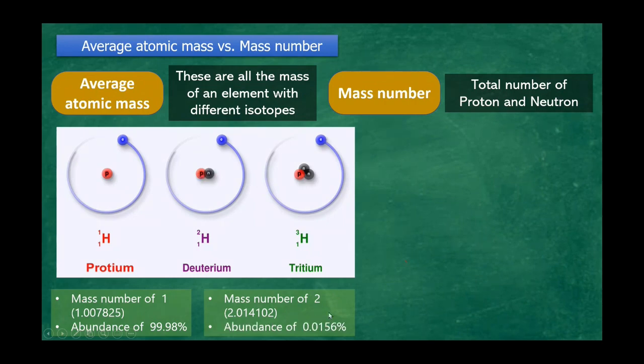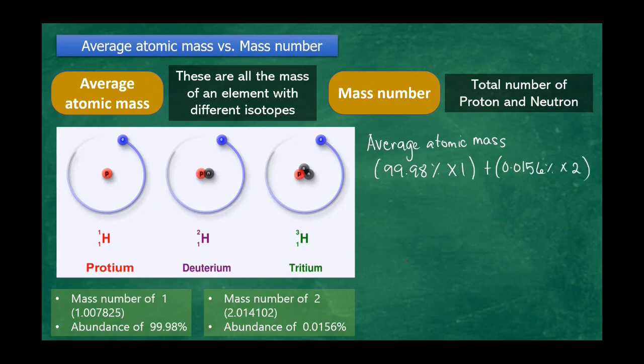And then, its abundance is 0.0156%. And therefore, let's compute for the average atomic mass. 99.98% times 1 plus 0.0156% times 2. So we will get 0.9998 times 1 plus 0.000156 times 2.